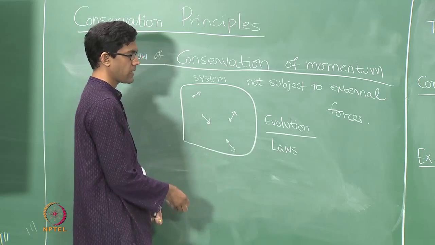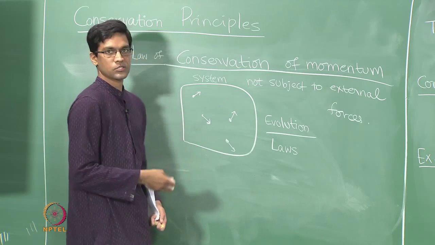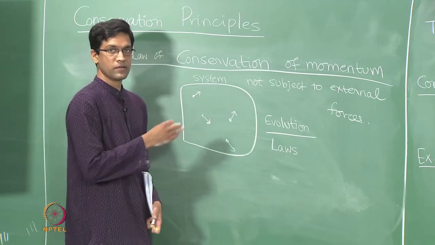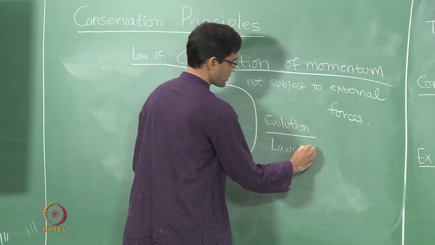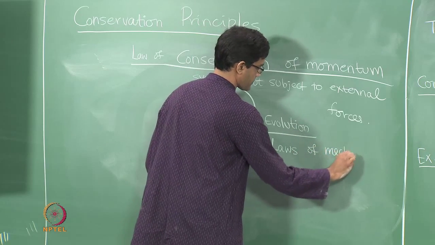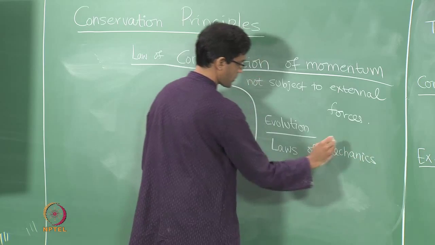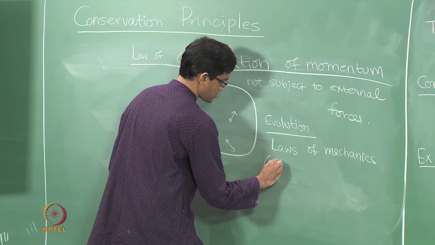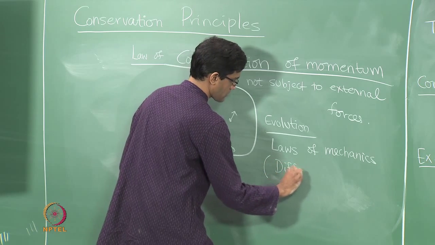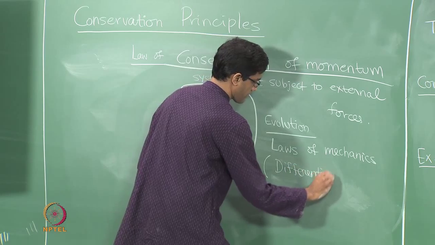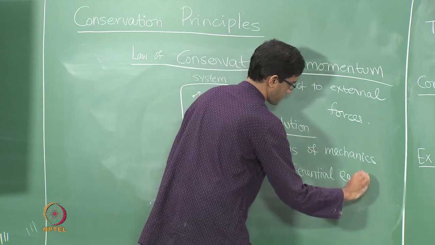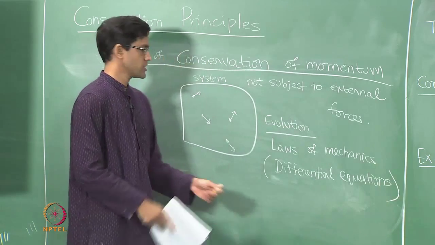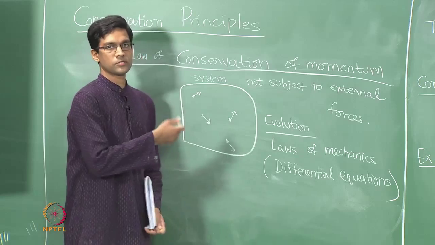Now in classical mechanics, the evolution is by the laws of mechanics, for instance Newton's laws. Written out mathematically, these are certain differential equations, which tell you how the system changes with time.